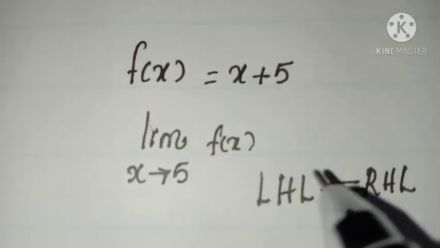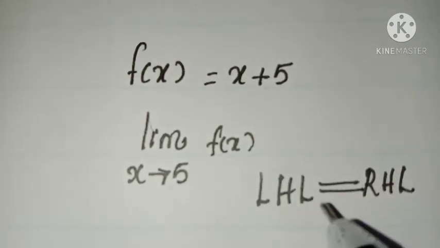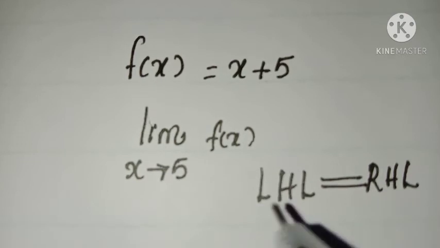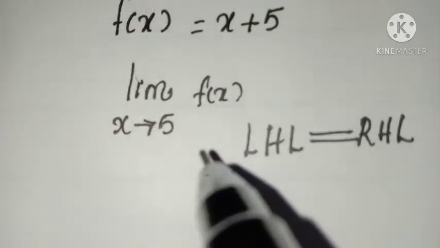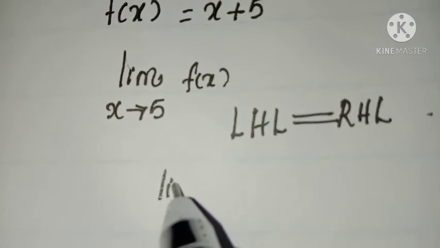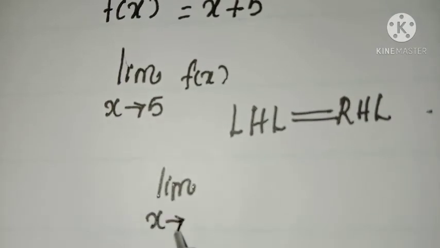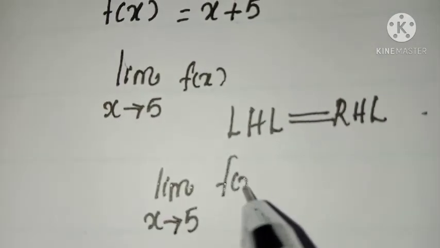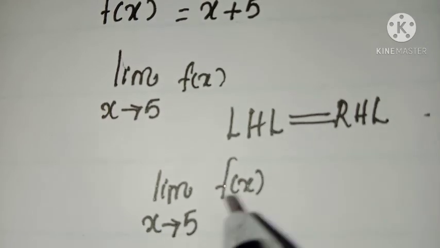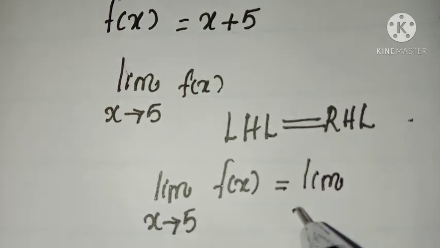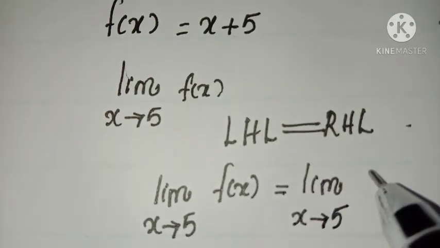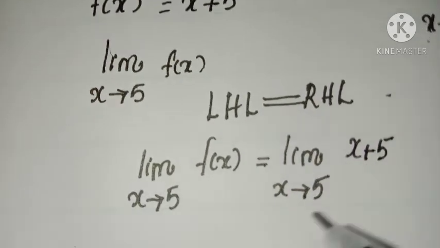Listen, problem wise, there is no need to find the left hand limit as well as the right hand limit. Directly we can find the limit of the function. The limit of the function f of x at x equal to 5 is found by simply putting x equal to 5 in the function x plus 5.